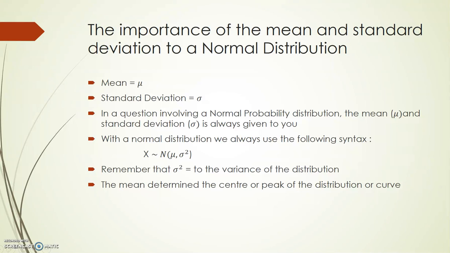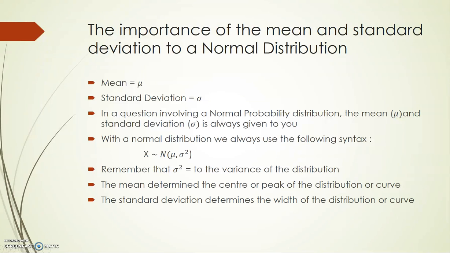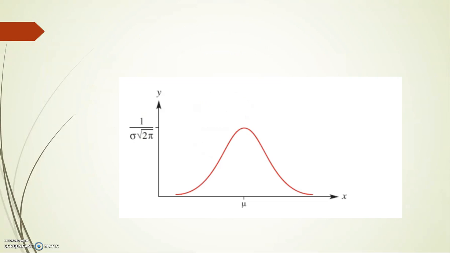Now, with a normal distribution, the mean determines the centre or the peak of the curve, and the standard deviation determines the width of the curve. Let's have a look at the normal distribution. You can see the bell-shaped curve here, and the mean, or mu, is situated exactly in the middle of the curve, and it corresponds with the peak up here.